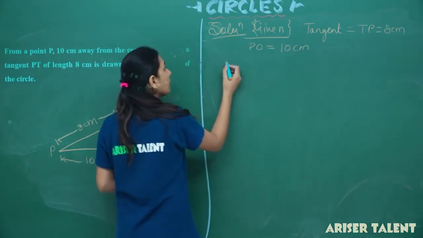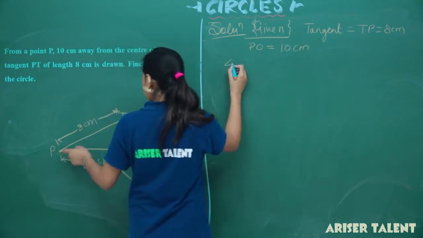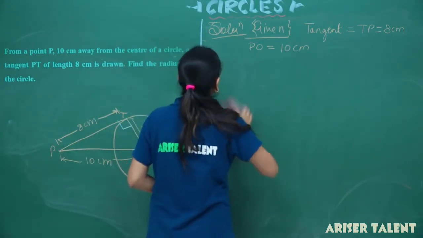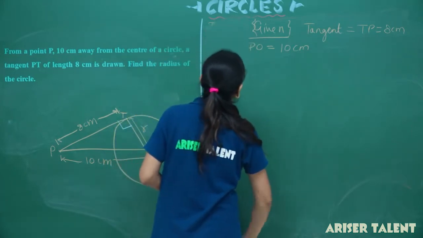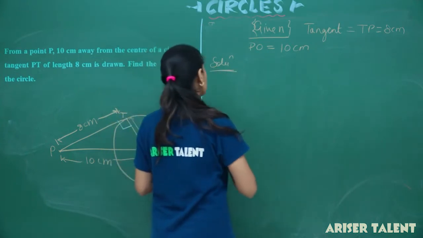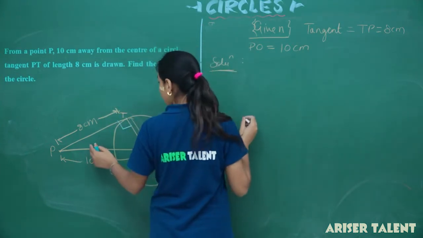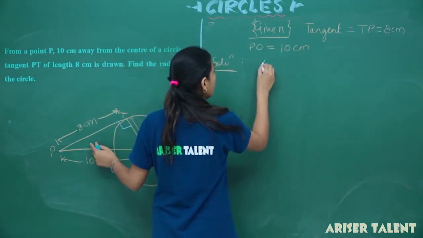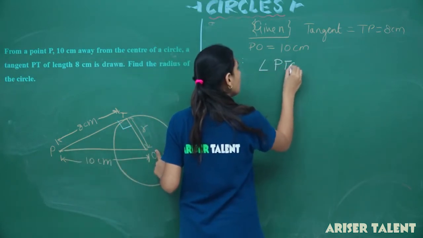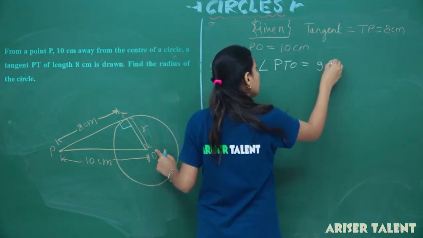Now, angle PTO, we'll take this in the solution part. So, this was our given part. Now, the solution. So, I am having this angle PTO equals to what? 90 degree.